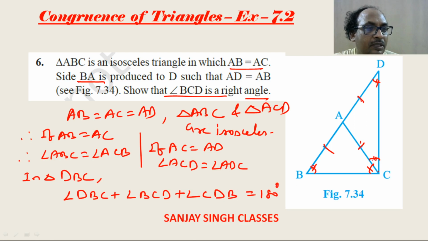Means this angle plus this complete angle plus this angle will be equal to 180 degrees. Why? Angle sum property.